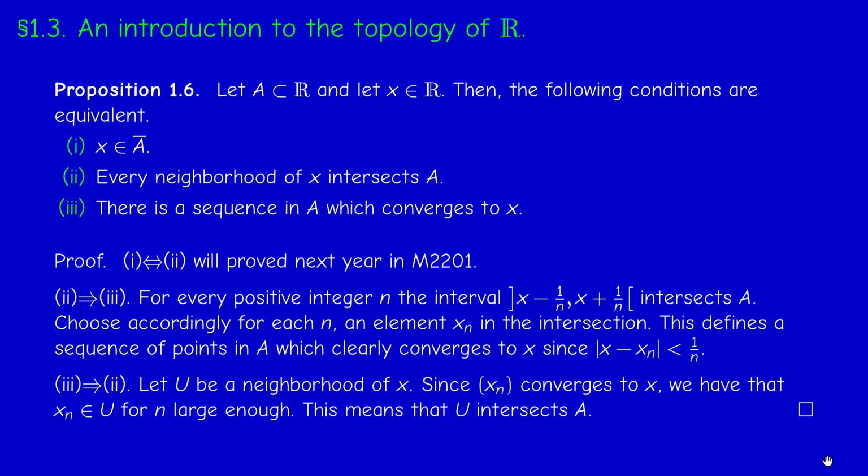It's in A, because we have a sequence xn in A converging to x. So xn0 is in A and in U, so it is in the intersection of U and A. Therefore, the intersection is not empty. And this is precisely what 2 means. So we proved that 2 is equivalent to 3.